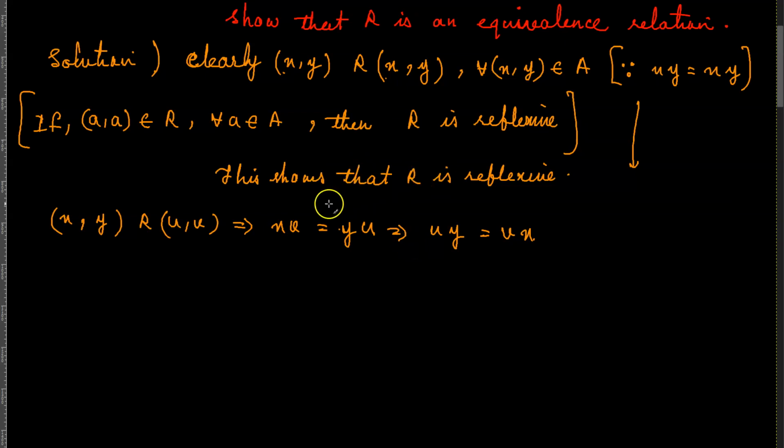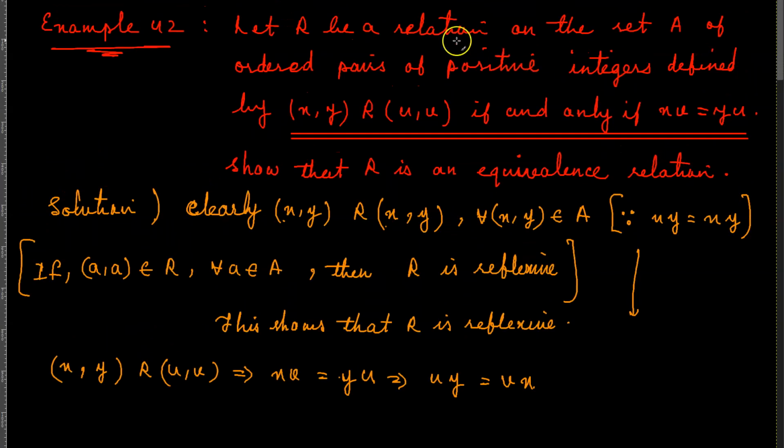Over here we said that x comma y is related to u comma v if and only if x times v is equal to y times u.